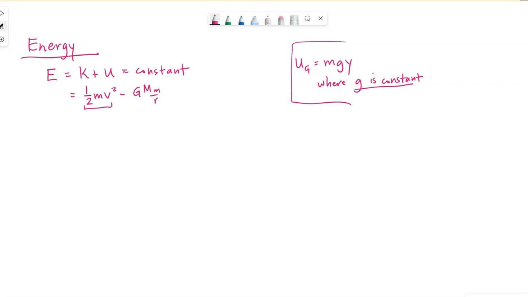Now, this equation we get for potential energy goes back to the concept of work. If you remember, work was a force dotted with a displacement. So some sort of force acting with motion, or exactly opposite, parallel to the motion, was equal to the change in kinetic energy.